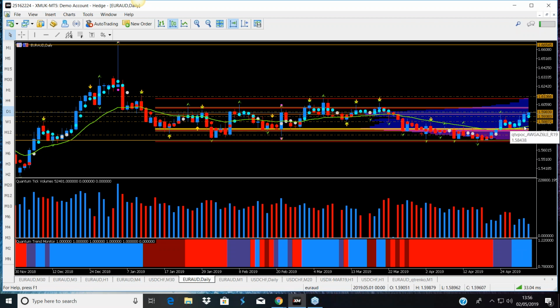So you've got price support, but you've also got a sense that there's no strong bias for this pair, certainly in this period here before we had the breakaway from the VPOC, the volume point of control.